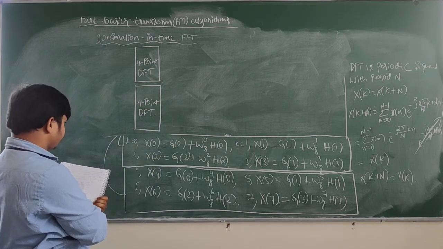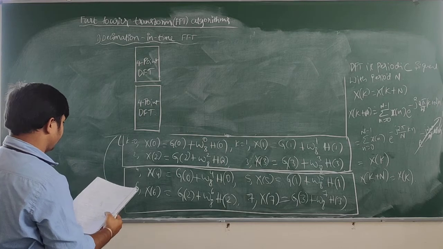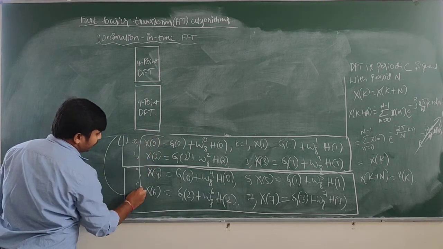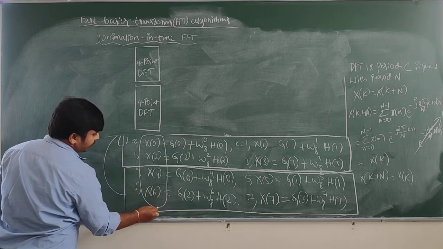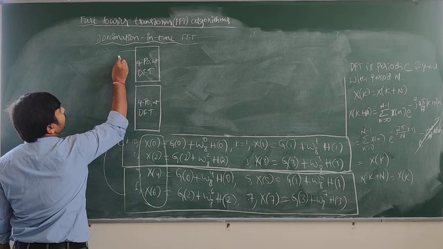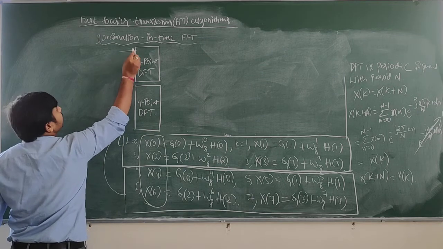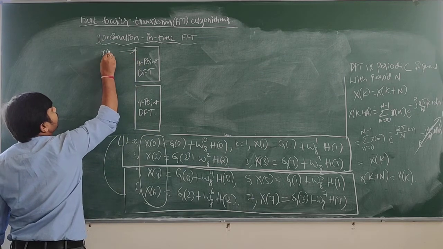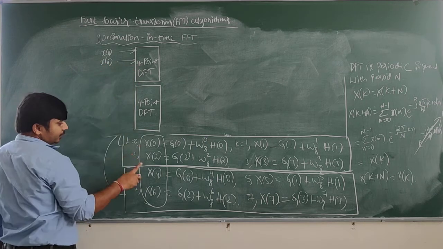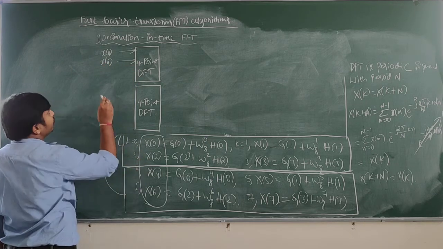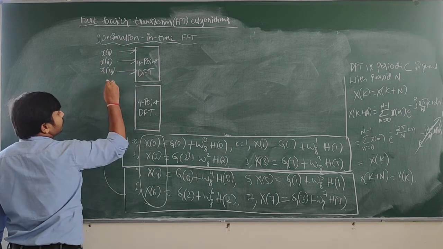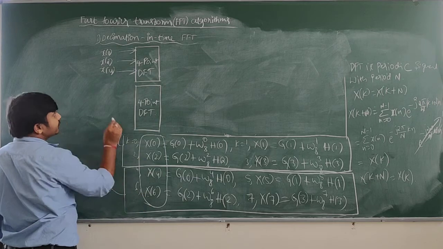So take all the even inputs: x of 0, x of 2, x of 4, x of 6.